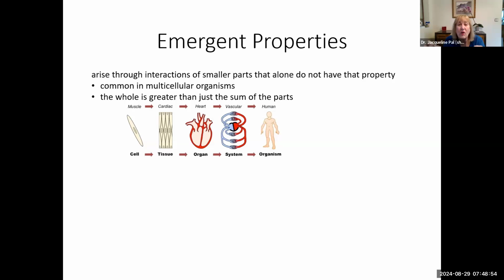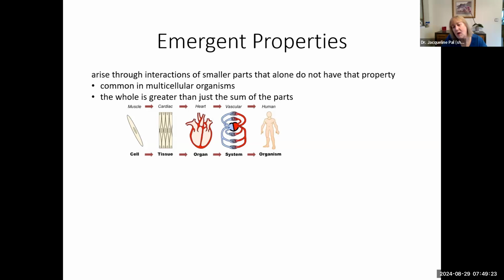And each organ system can do things that one specific organ can't do. And one specific organ can do things that one specific tissue can't do. And one specific tissue can do things that one specific cell can't do. Okay. So the whole is greater than the sum of the parts. Whereas in single cell organisms, that doesn't happen.